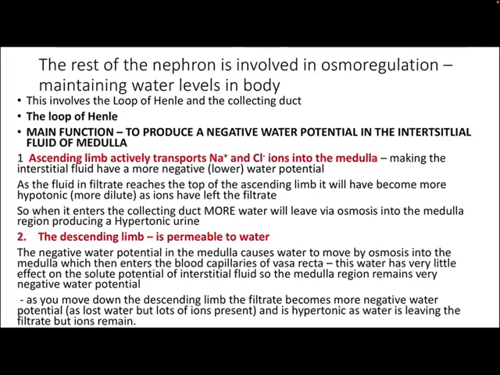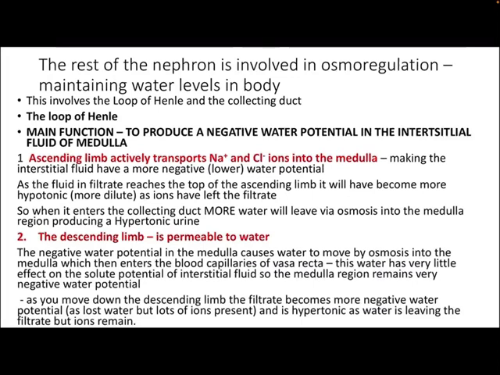As the filtrate reaches the top of the ascending limb, it will have become more hypotonic, or more dilute, as ions have left the filtrate. Then when it enters the collecting duct, that will allow more water to leave the collecting duct by osmosis into the medulla region, and that in turn will produce a hypertonic urine.